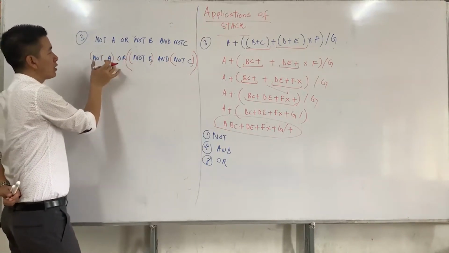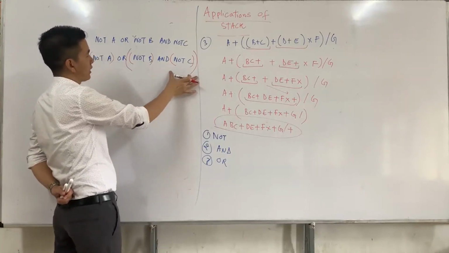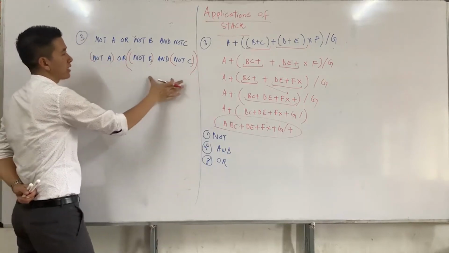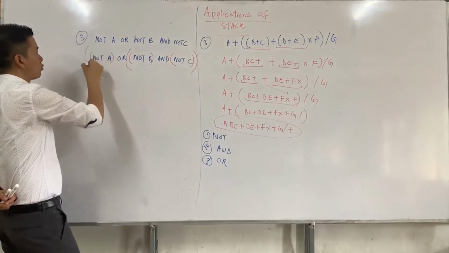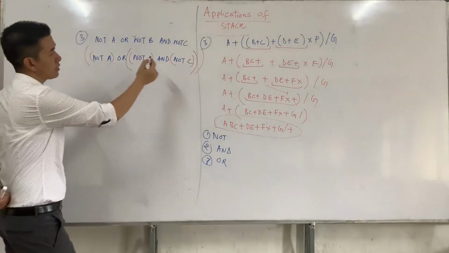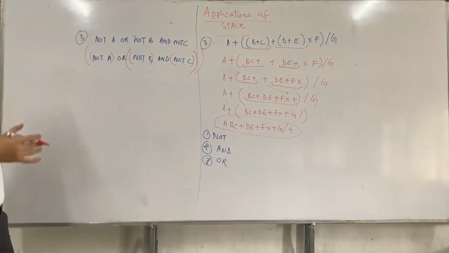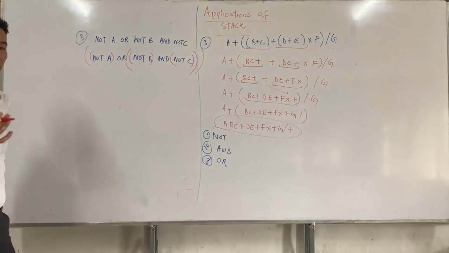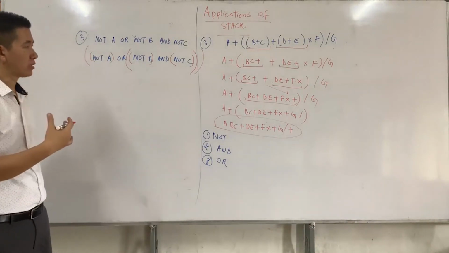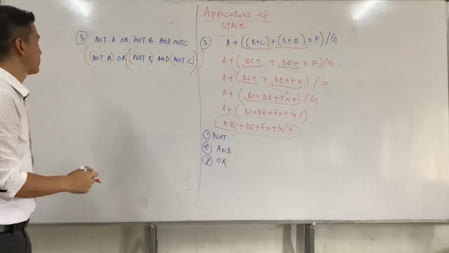I need to or this, not of A, with not B and not C. This is the first operand and this is the second operand. So I'll just put one big brace between the first operand and the second operand. So the idea is, if you highlight the evaluation order with the braces, it becomes very easy for us because we always tend to evaluate the innermost first.